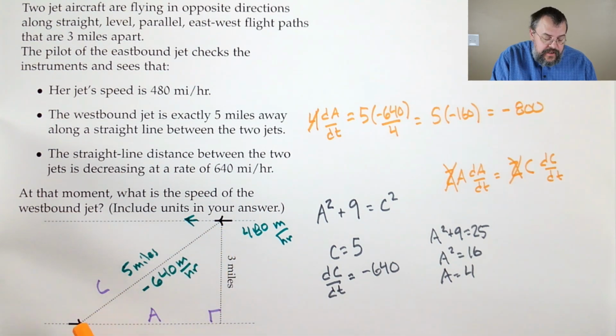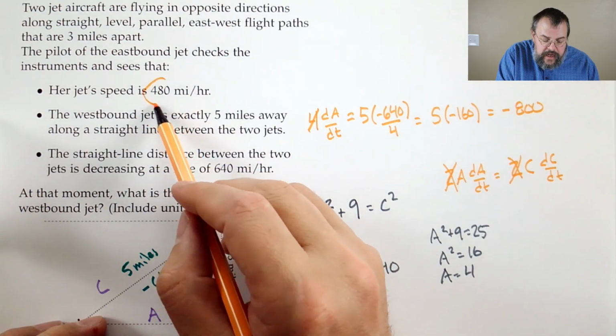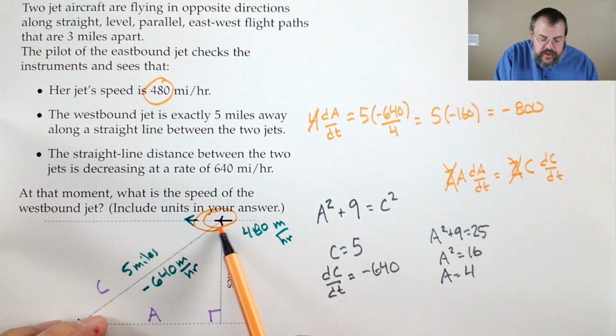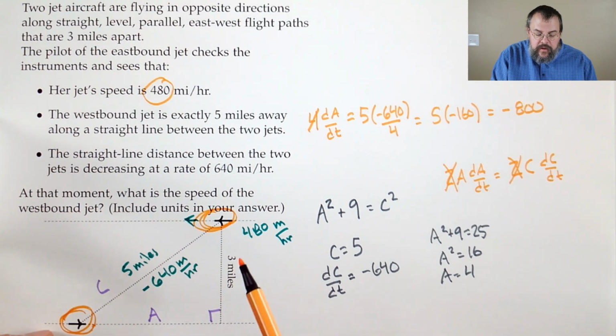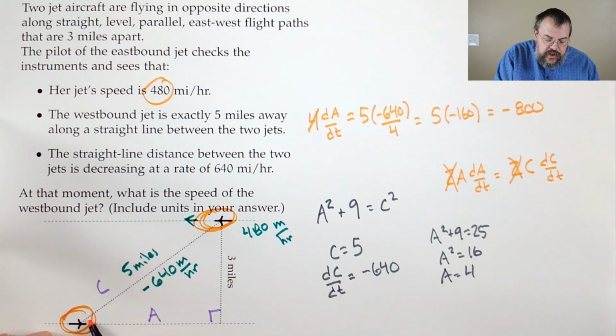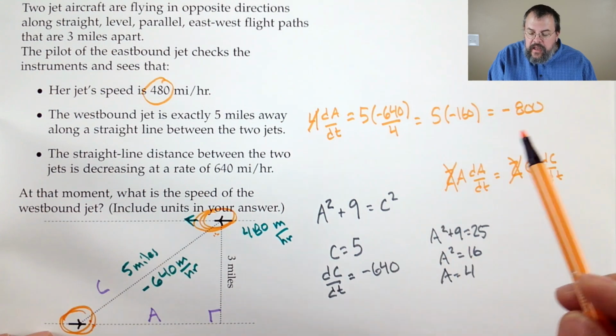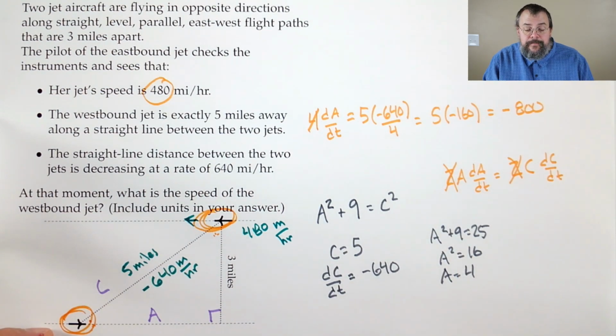It's not just the one jet down here which is changing A, but it's both jets. So what we see is, look, there's 480. That's the contribution from the jet we already know about. So we need to combine that with this jet as well. So whatever the speed of this jet plus 480 has to get us to 800.